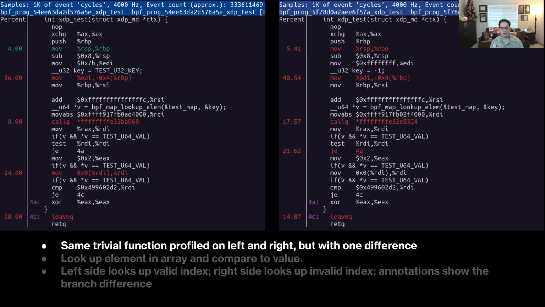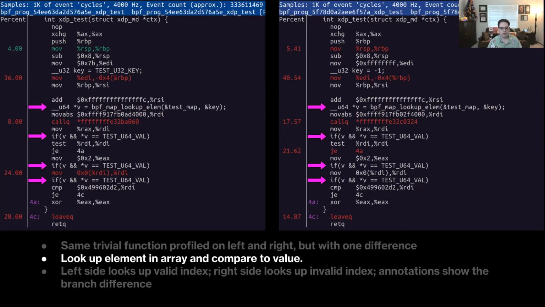Left and right, this is the same trivial function. But there's one difference that we are going to analyze and understand. In the current arrows, I'm highlighting that we're doing a lookup in an array and then comparing its value. Now, if you look at the bottom three arrows, we actually have the same line of code repeated.